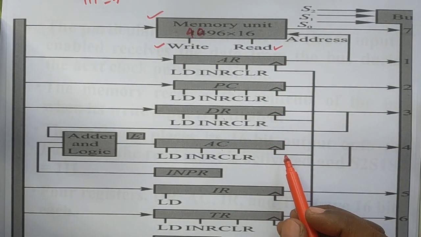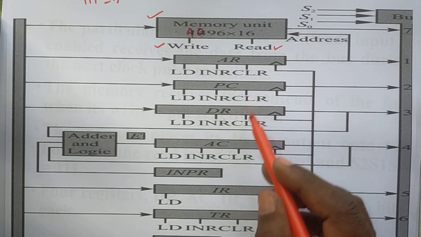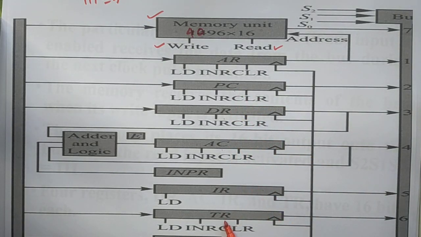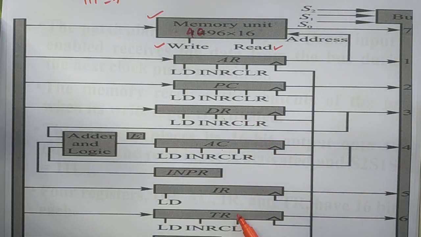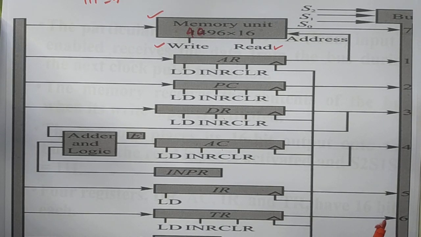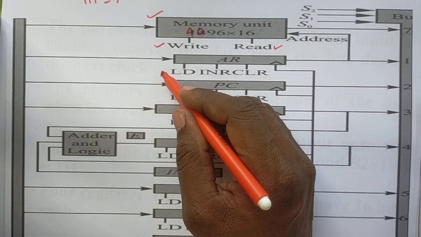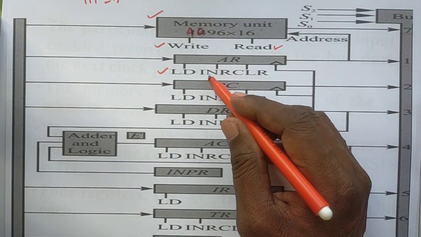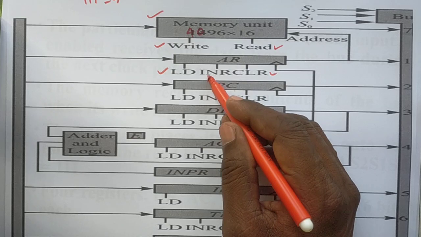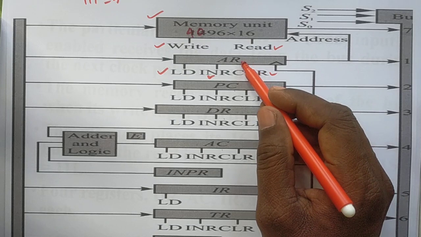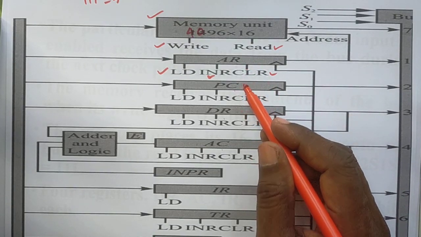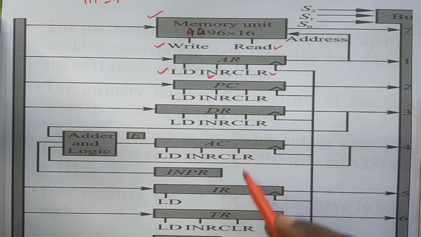Similarly, if we go through the AR register, PC register, DR register, AC register, and TR register, these 5 registers, you see 3 control items, that is load, increment, and clear. These 3 control items are involved in this particular category of registers, that is address register, program counter, data register, accumulator, and temporary register.